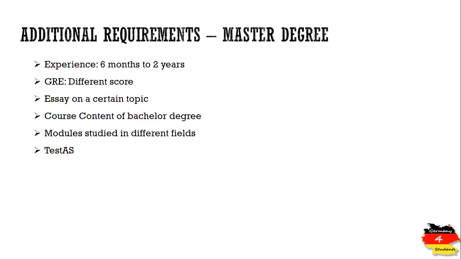Some universities like Kaiserslautern, for example, recommend GRE, but it's not mandatory. If you have GRE and you are applying for Kaiserslautern, then it will have a positive impression on your application.